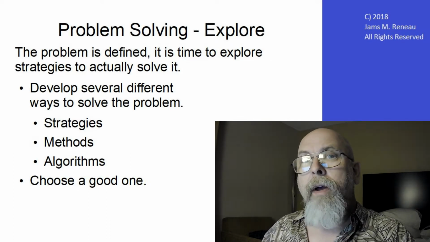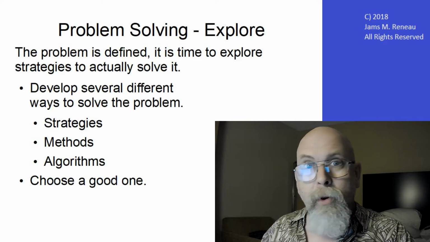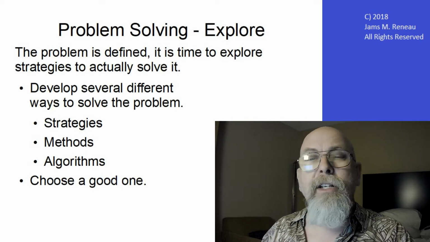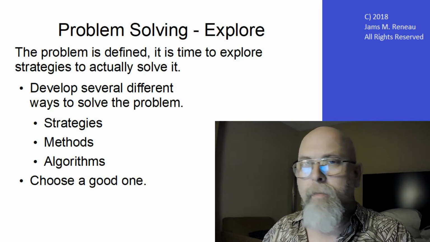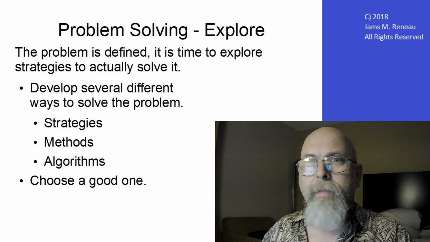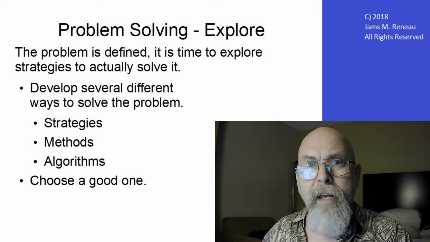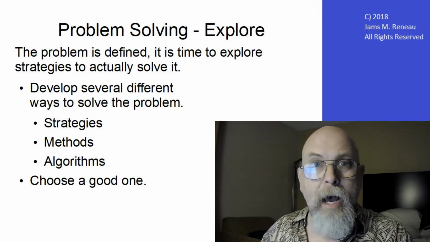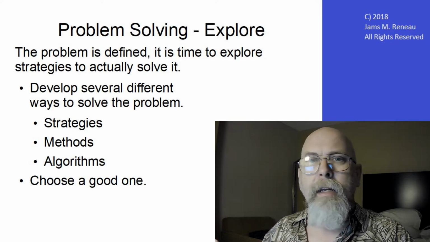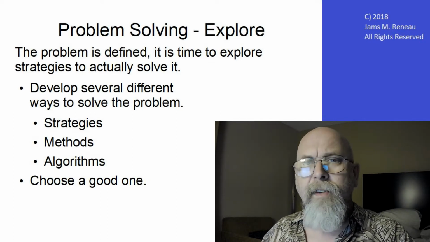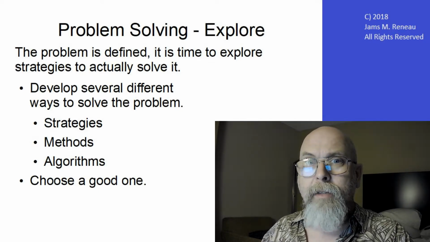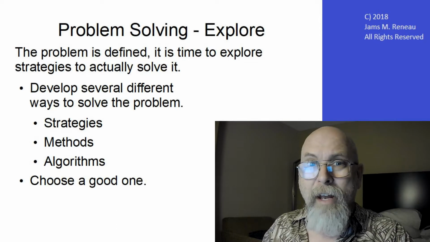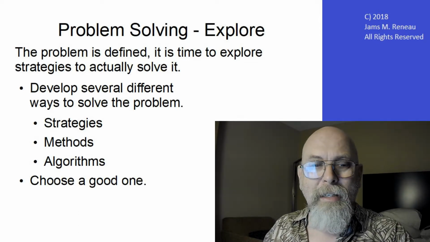We need to explore them all, and then we need to choose a good one. It may not be the perfect solution, it may not be the best solution, it just has to be a good one. And good can be defined in time, in money, in complexity. There are all kinds of different ways to define what a good one is. And that's why good was left kind of generic in this discussion.